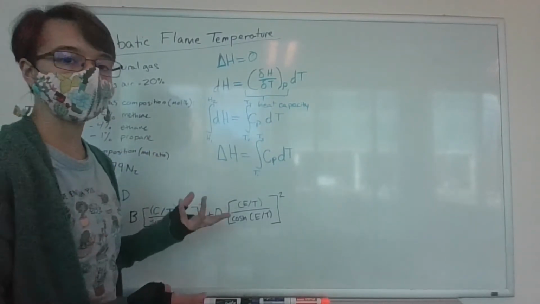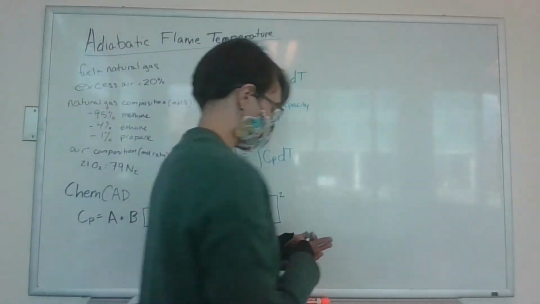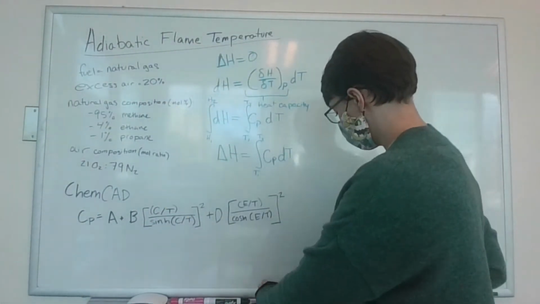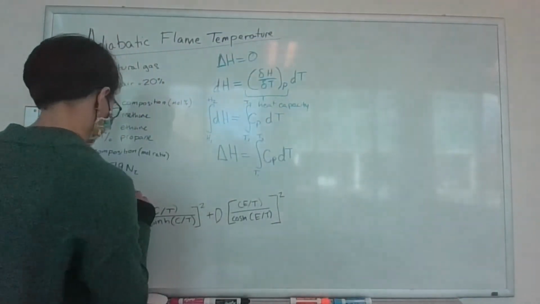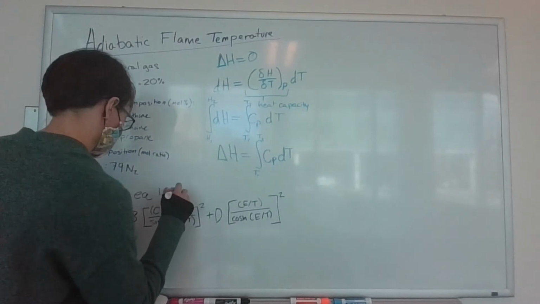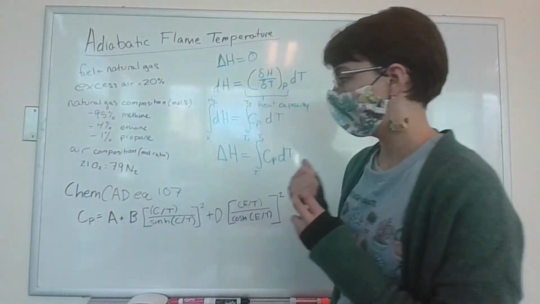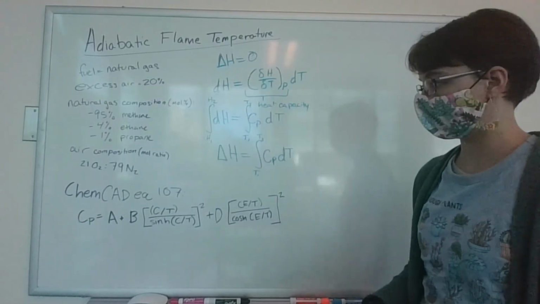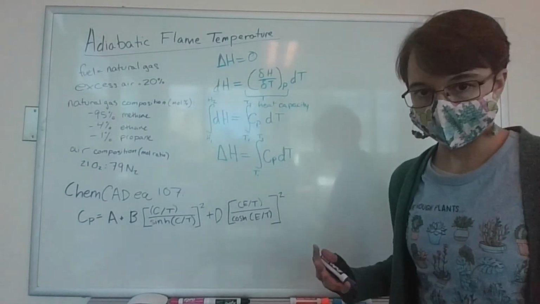So this is kind of how we're going to calculate this problem. We're going to be using a library that uses ChemCAD. And I forgot to write which equation this is. So we're going to use a library that has data from ChemCAD, which is a program, and it uses a bunch of different equations.